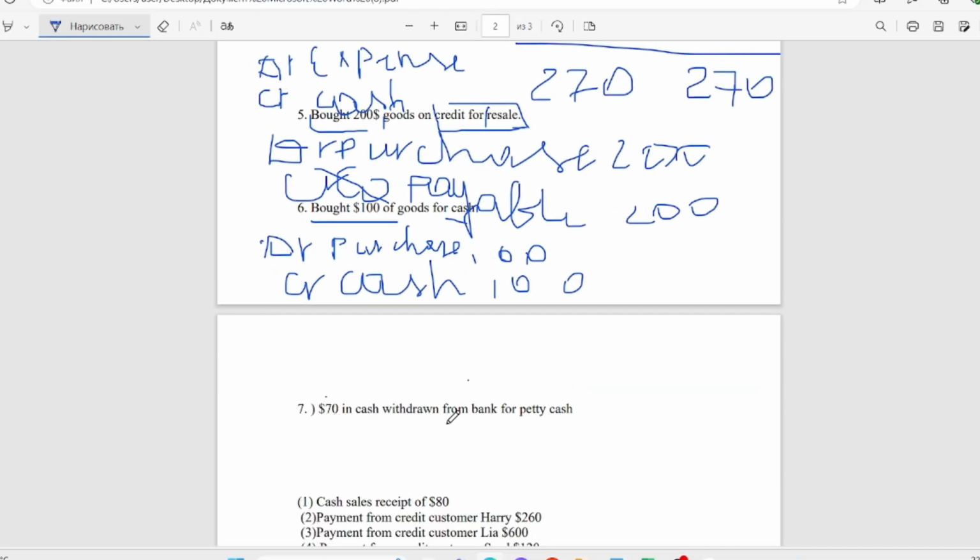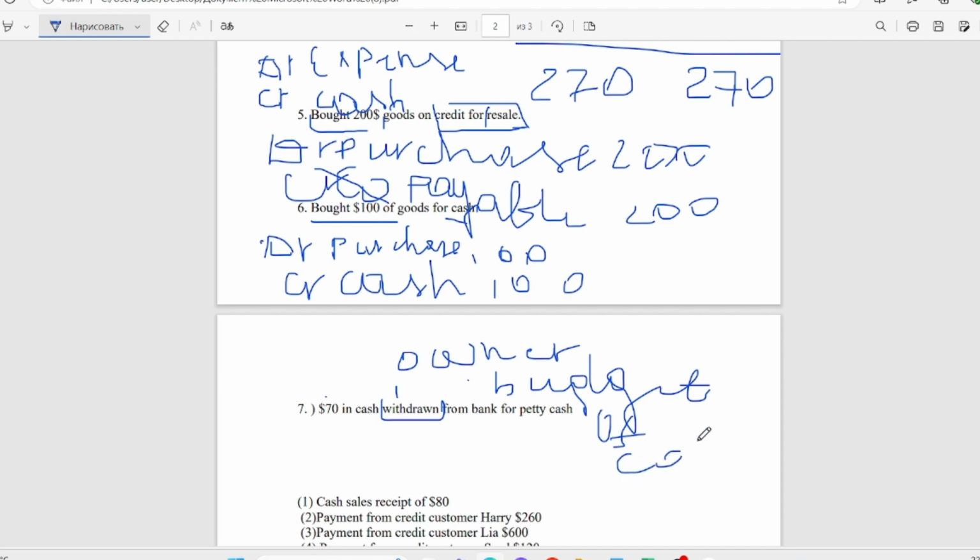$70 in cash withdrawn from bank for petty cash. Withdrawn, what this actually means is when the owner took money from the budget of the company. It is called withdrawn. Petty cash is when small amounts are recorded in the book. We will be talking about it later.